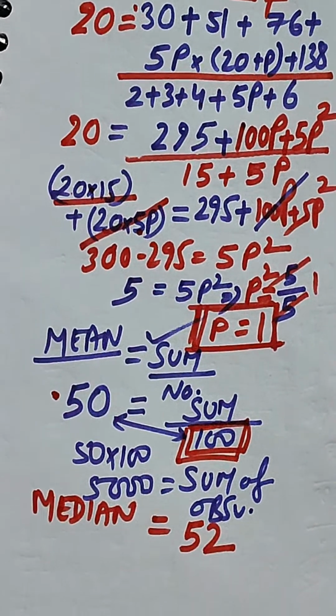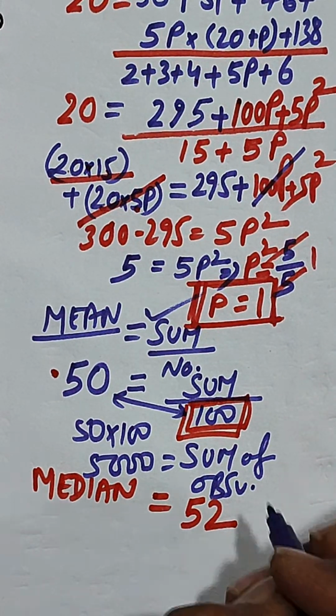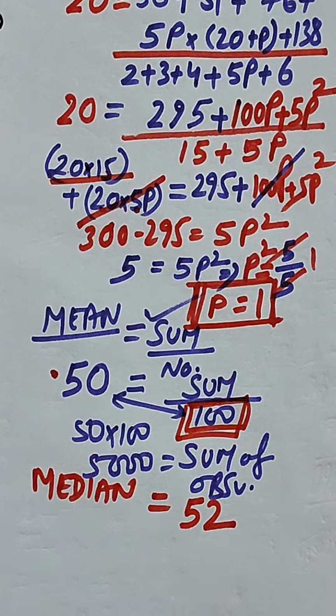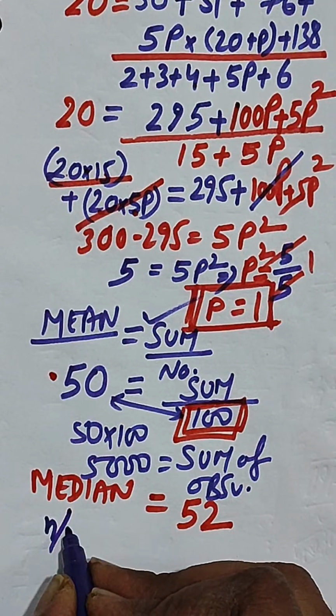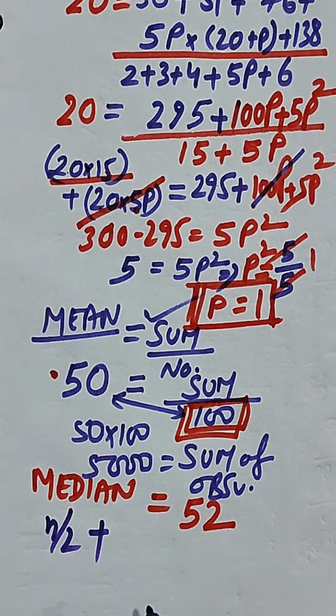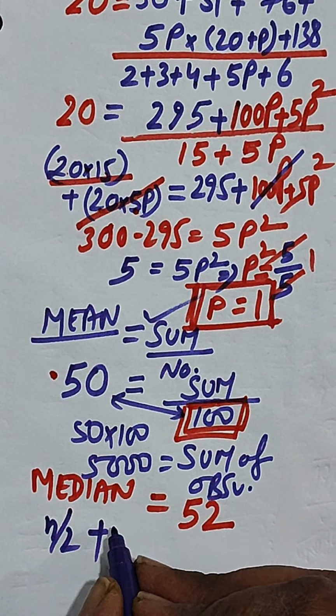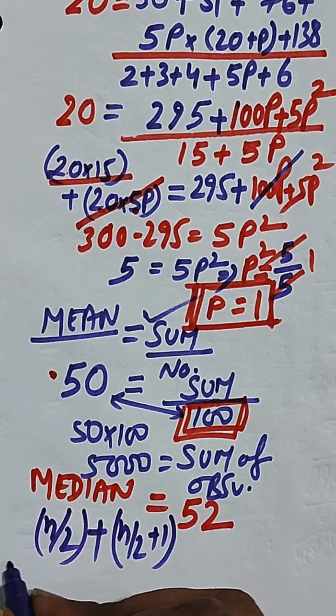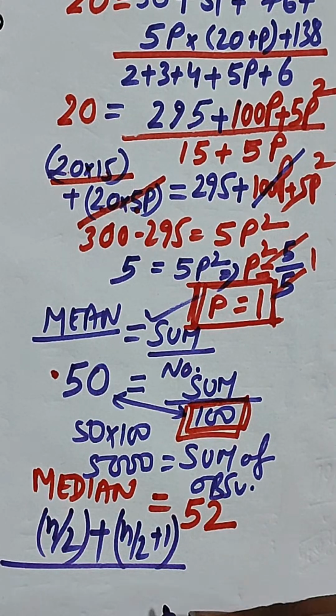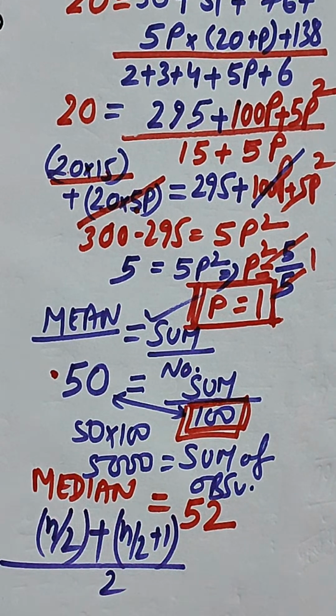So in this case, for even observations, what is the formula of median? The n by 2th observation plus the n by 2 plus 1th observation, divided by 2, right?